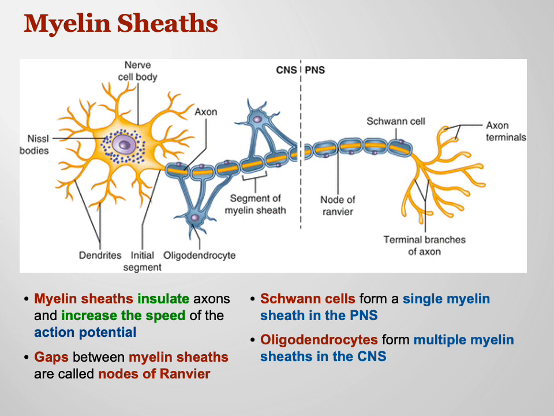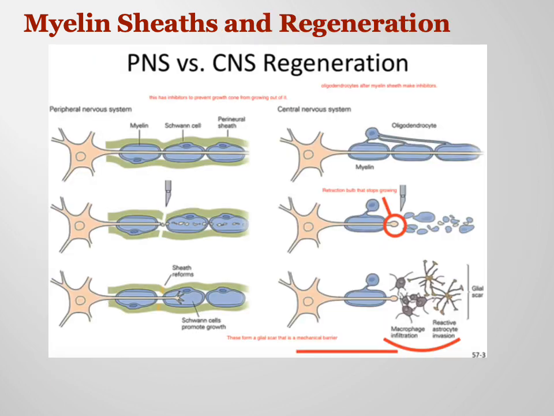No neuron would be present in both. This is a diagram just of convenience to try to show you a myelinated neuron. On the left side of that dotted line, they're showing you what it would look like if it were in the CNS. On the right side, they're showing what it would look like in the PNS. But Schwann cells, again, are only in the PNS. Oligodendrocytes are only in the CNS. So that neuron is a fiction that doesn't really exist.